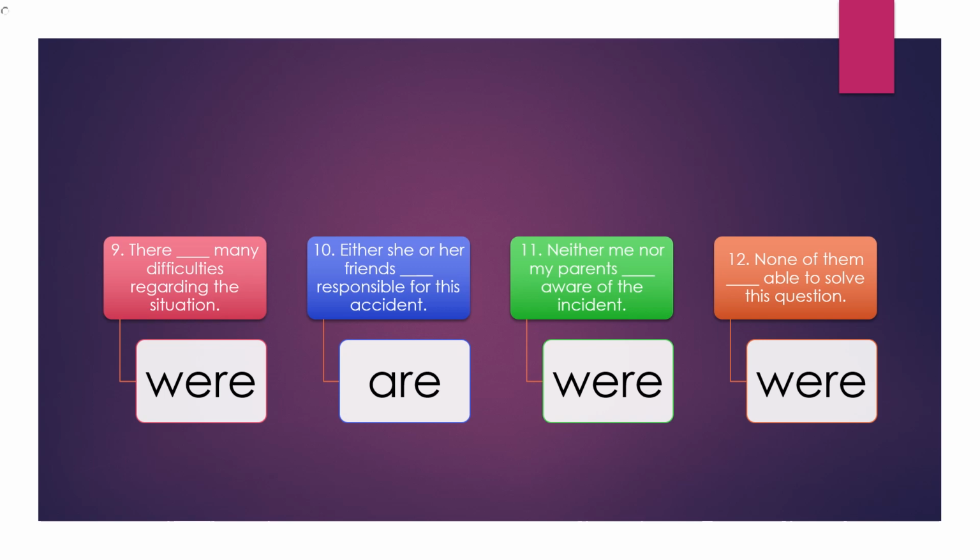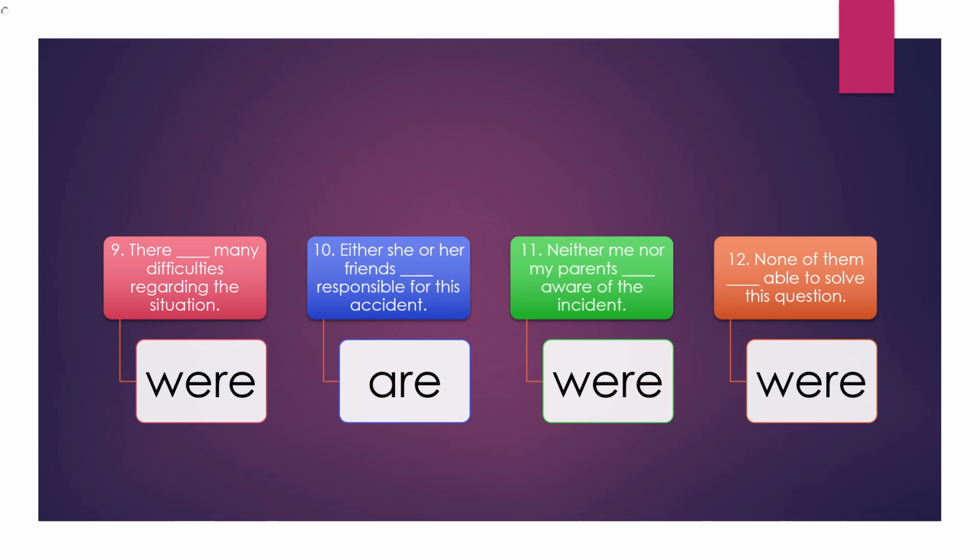Is it after the first subject or after the second subject? Here the verb that we need to place comes after the second subject, and the second subject happens to be plural. Therefore, the verb that we place also will be plural. So either she or her friends are responsible, or were responsible, for this accident.